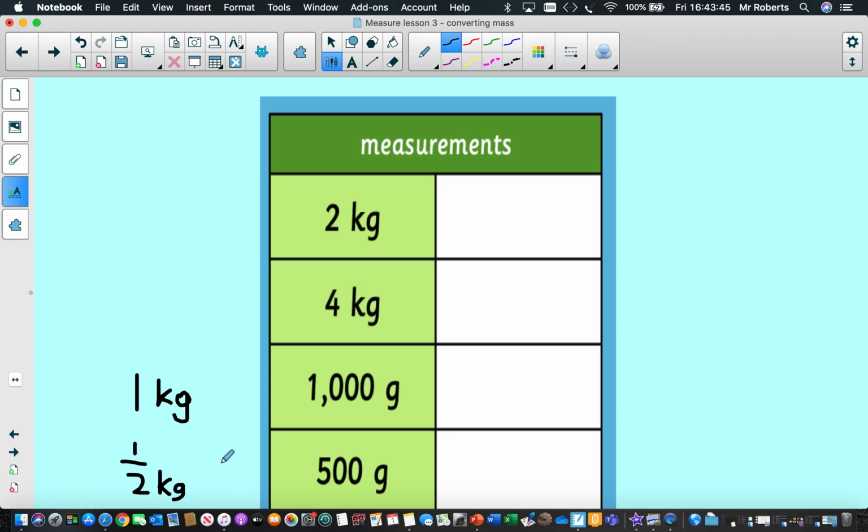So that would help me to then order that my largest would be 1,000 grams, my second largest would be 4 kilograms, then I'd have 2 kilograms, and I'd end with my smallest, which would be 500 grams. That's if I was asked to order them from largest to smallest. Make sure you read the questions though. If you get an activity like this, it might be asking you for the lightest or the heaviest, rather than asking for you to put them in size order.